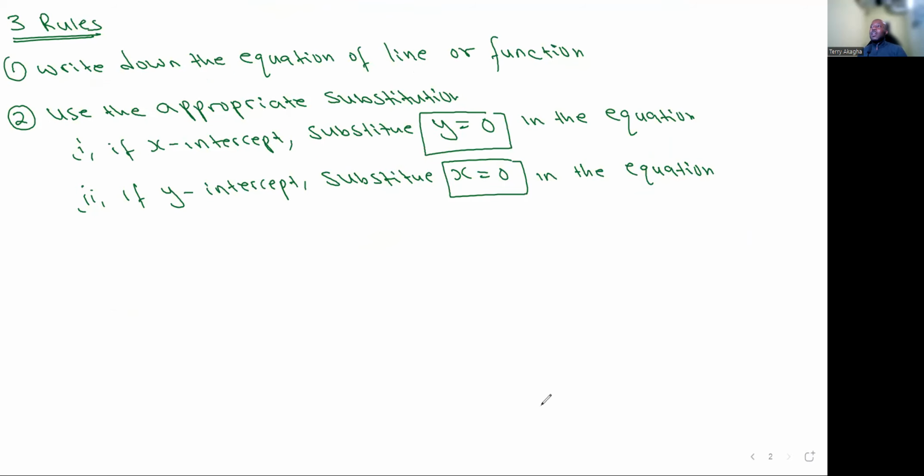So based on our understanding, because we've substituted there, we have to now write the intercepts in the correct order. It's very important that you write the intercepts in the correct order.